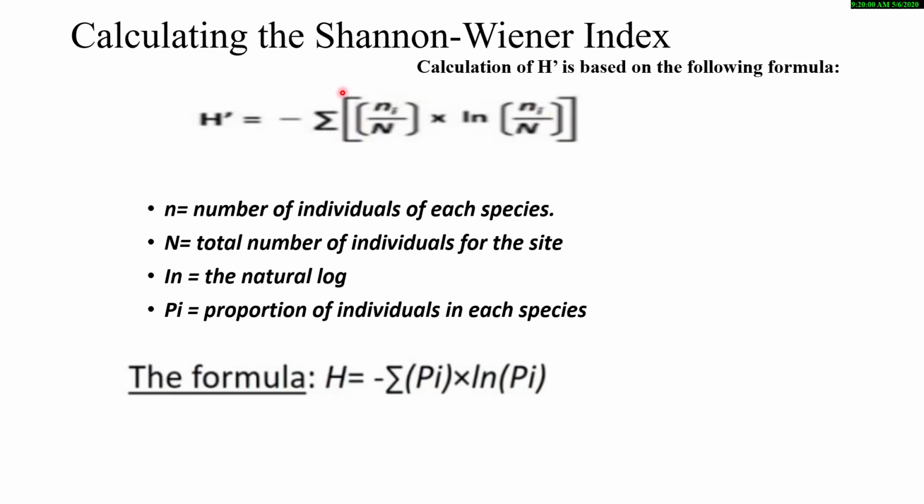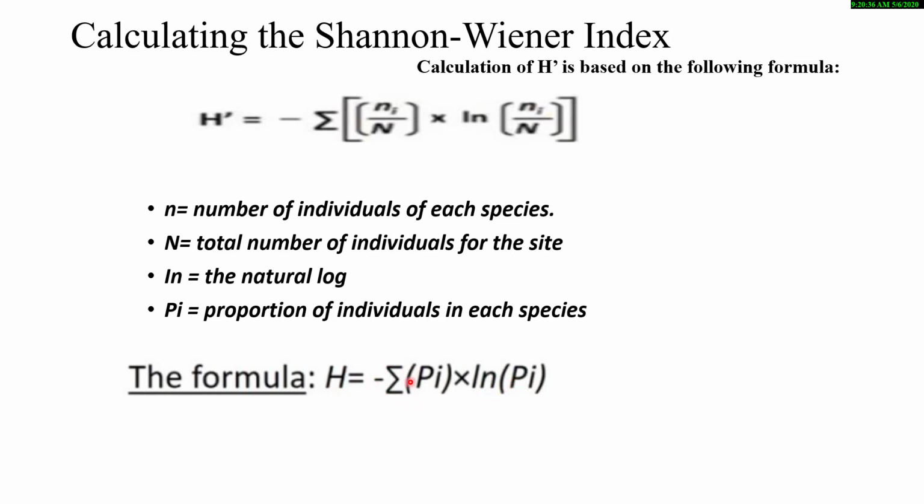The formula is: H is equal to the negative sum of the proportion of individuals in each species multiplied by the natural log of the proportion of individuals in each species.